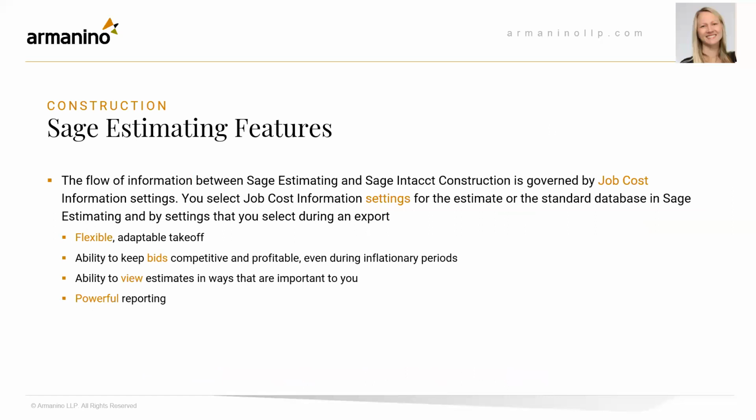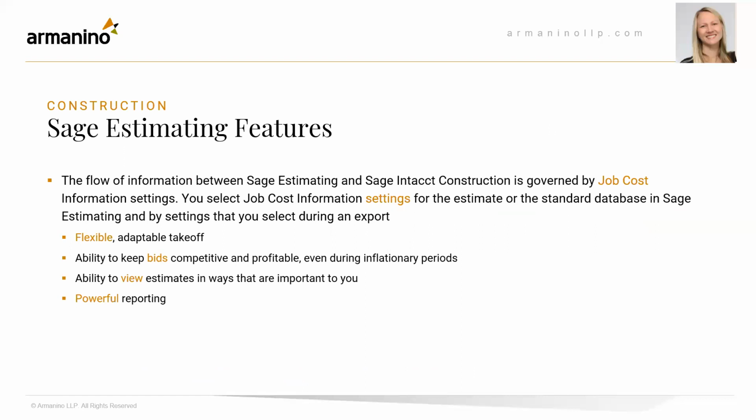All right. More information on the Sage Estimating features. It helps with the flow of information between your Sage Estimating and Sage Construction. It's governed by your job costs, which is good. When you're completing it, you'll select job cost information settings for the estimate or the standard database in Sage Estimating.